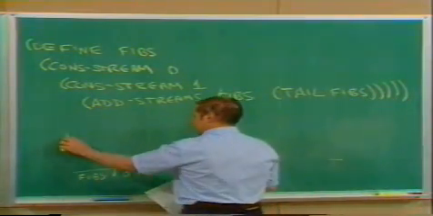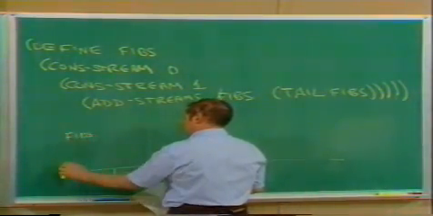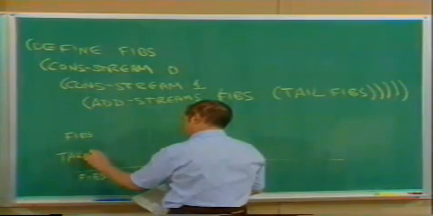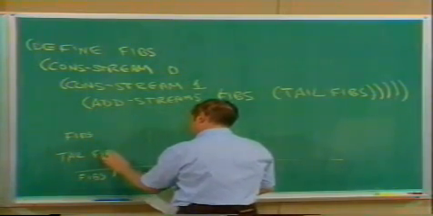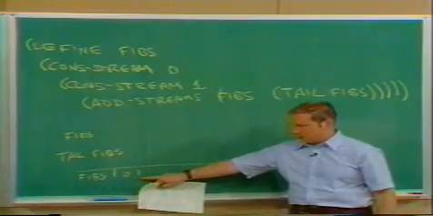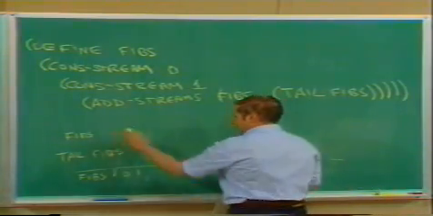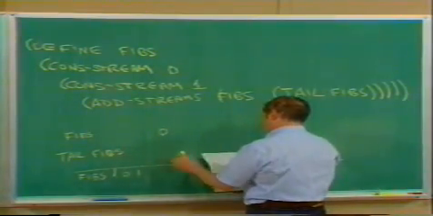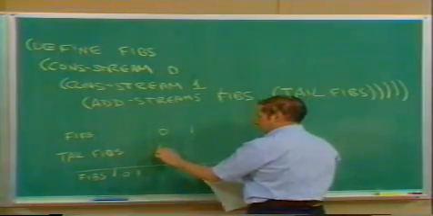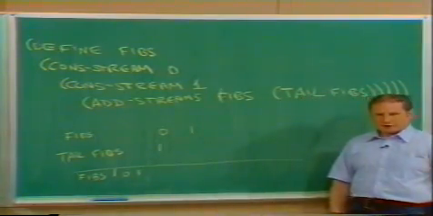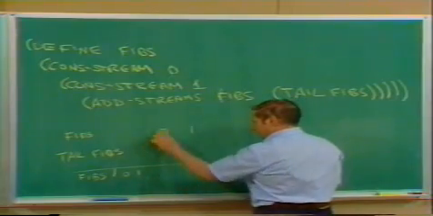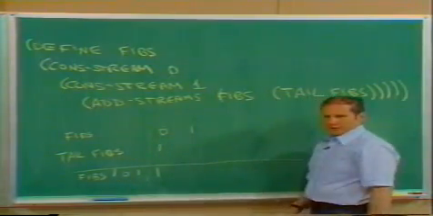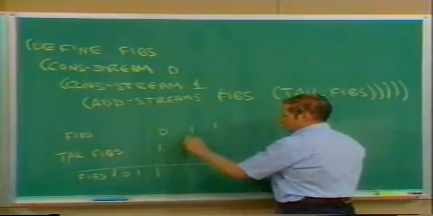One is the fibs themselves, and the other one is the tail of the fibs. So if I know that these start out with 0 and 1, I know that the fibs now start out with 0 and 1, and the tail of the fibs start out with 1. So as soon as I know that, the next one here is 0 plus 1 is 1. And that tells me that the next one here is 1, and the next one here is 1.